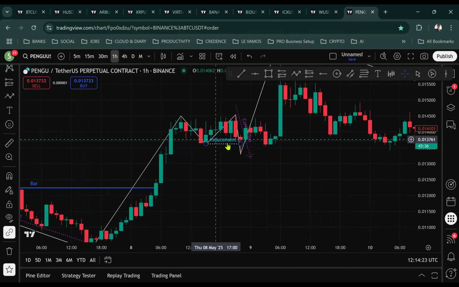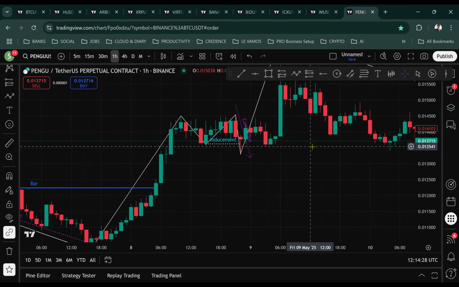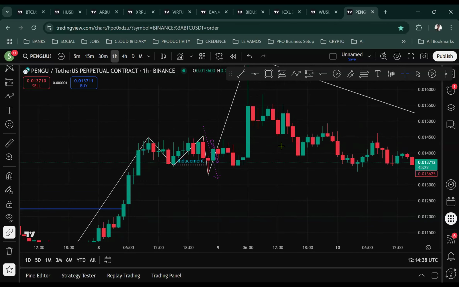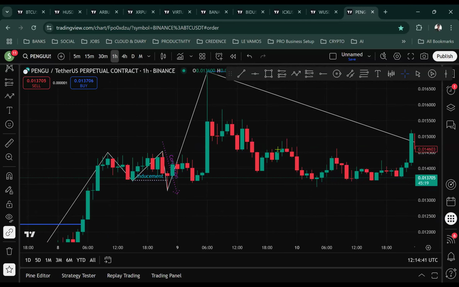Can I say this is the inducement? Yes, the inducement is correct. Then another correction. This is the inducement. This is the valid pullback here, and the correction, of course.